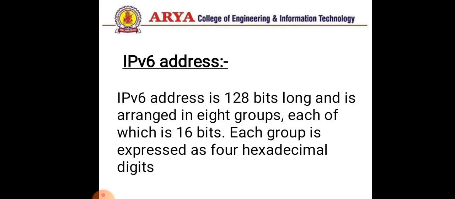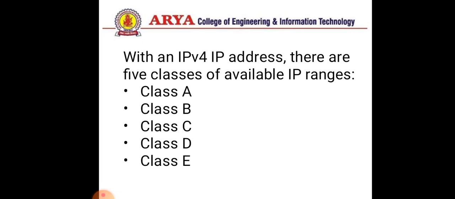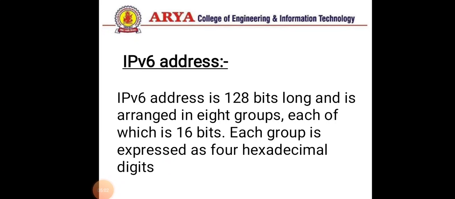After this we are moving on to IPv6 addresses. Fine. An IPv6 address is 128 bits long and is arranged in 8 groups, each of which is 16 bits. Each group is expressed as 4 hexadecimal digits.